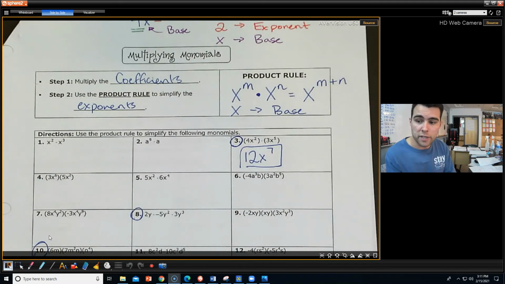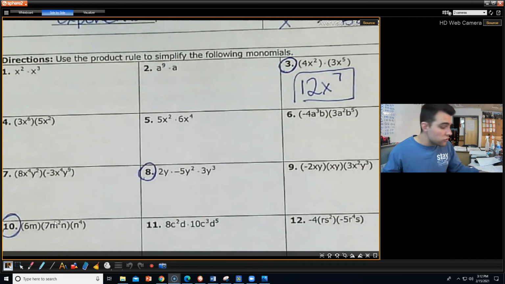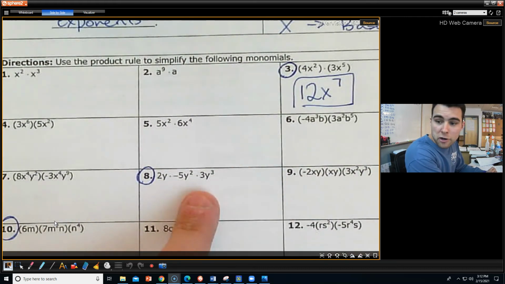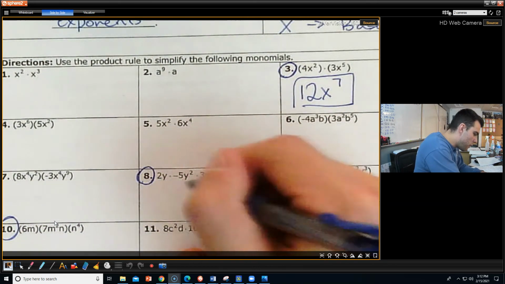Now multiplication rules still apply when multiplying the coefficients. So a negative times a negative is still a positive and that sort of stuff. So keep that in mind. Let's try it with number 8. First of all, the bases are all the same. We all have y.